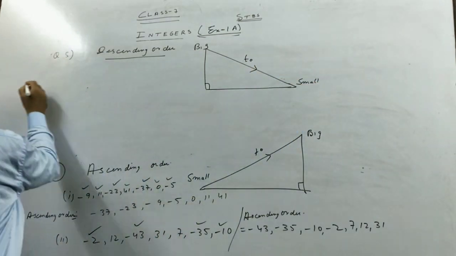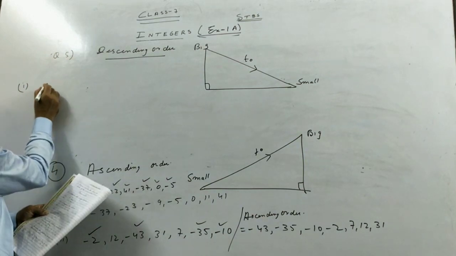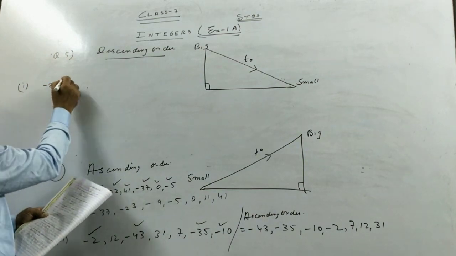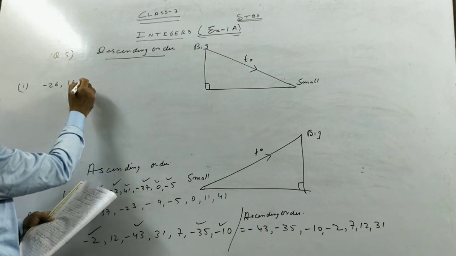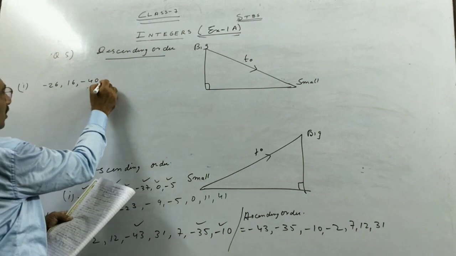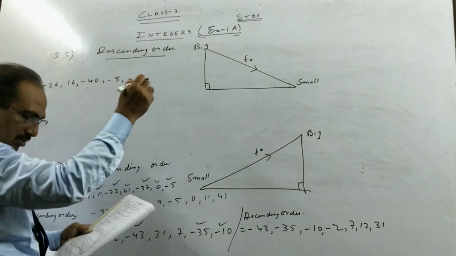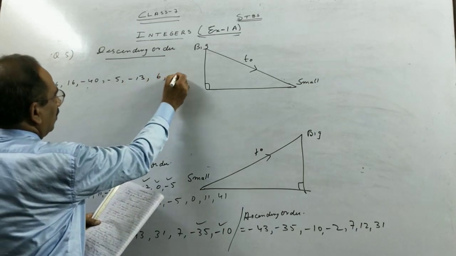So here we have question number 1: minus 26, 16, minus 40, minus 5, minus 13, 6 and minus 1.